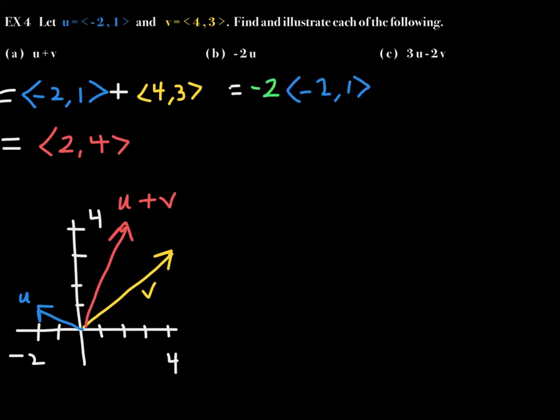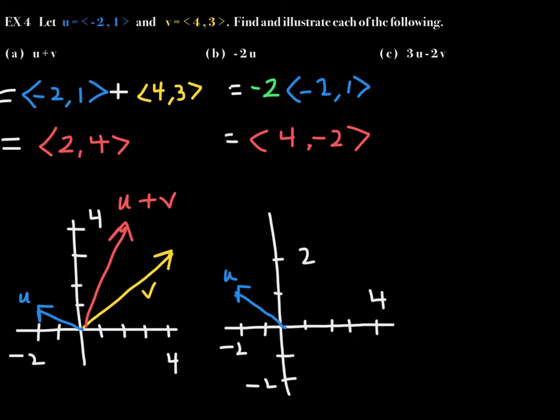For part B, it says to take vector u and multiply it by negative 2. So when we do that, I have vector u already written with a scalar of negative 2. This is equal to multiplying each component by negative 2. That'll give you positive 4, comma, negative 2.